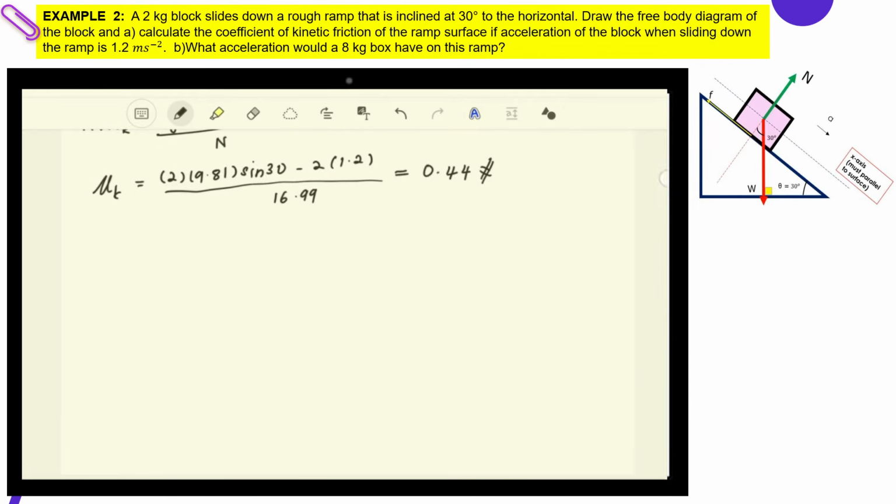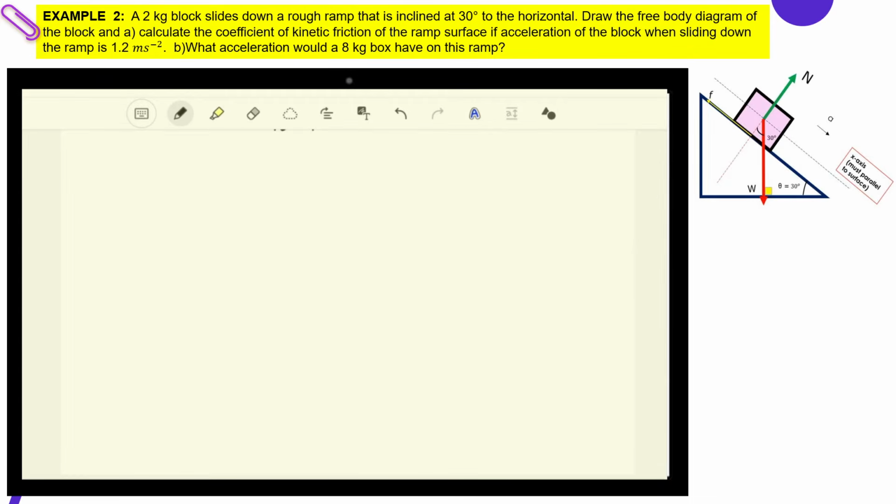In this problem, remember that the coefficient of kinetic friction is the same value. We have calculated that mu k is 0.44, since this is the same inclined plane or inclined surface.